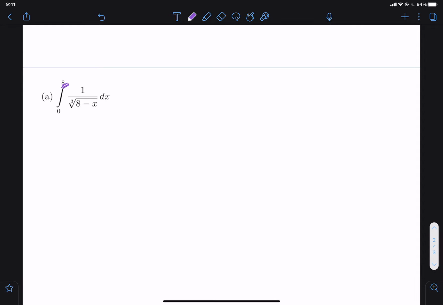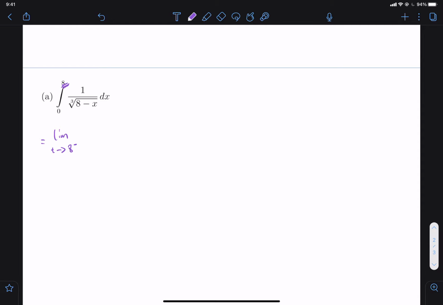So to evaluate this integral, we just need to turn that into the limit notation. So that is t goes to 8 minus, right?